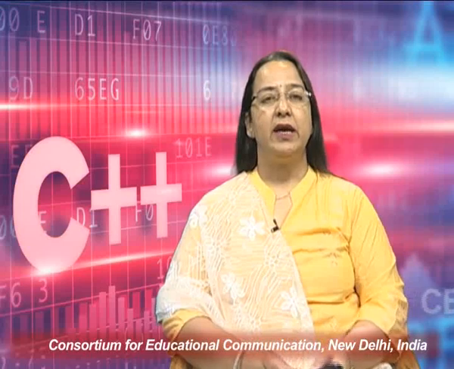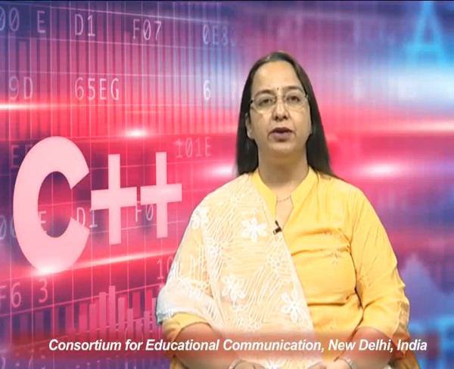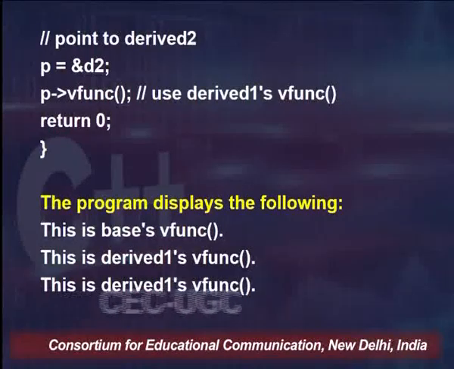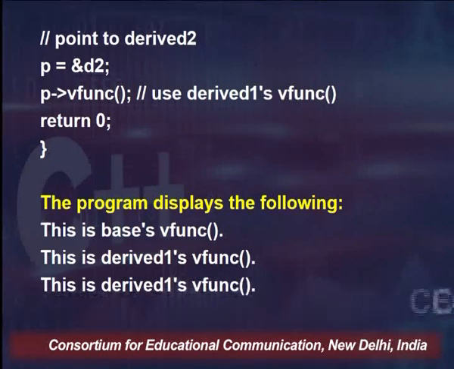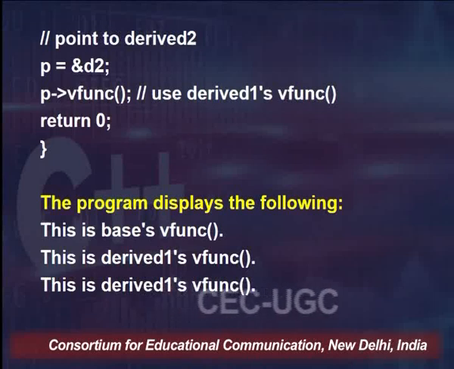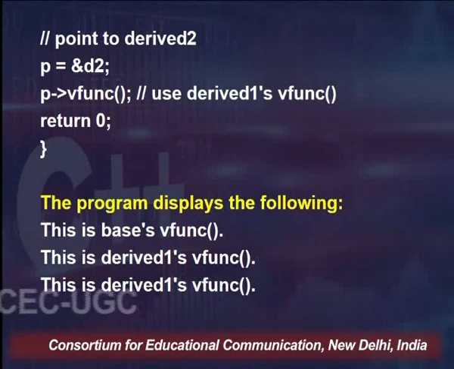Now let's say this pointer p is pointing towards the object of the class derived 2, which can be achieved with the statement p is equal to ampersand d2, and with the help of p we call VFunc with the arrow operator by the statement p arrow VFunc.